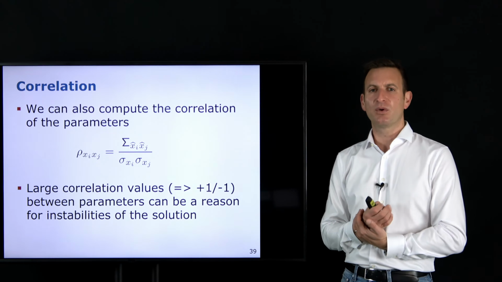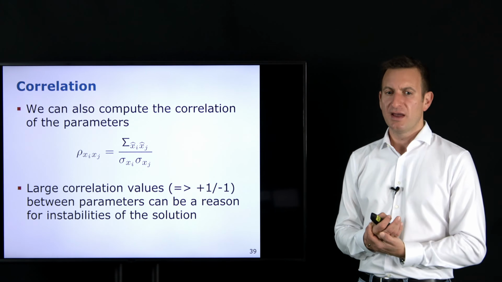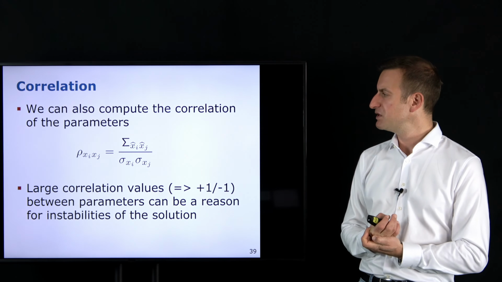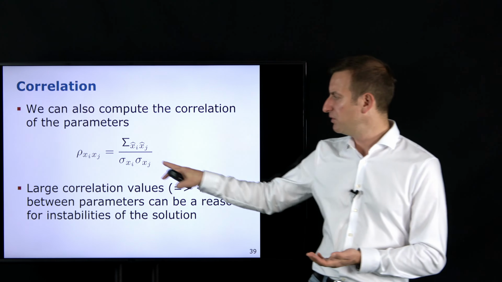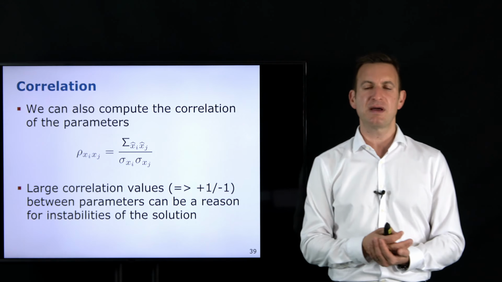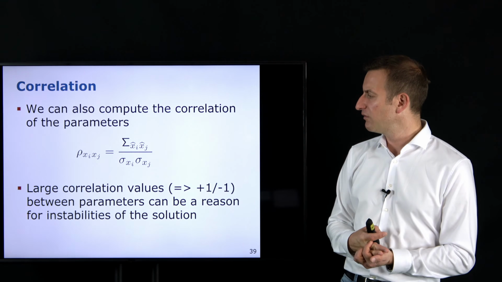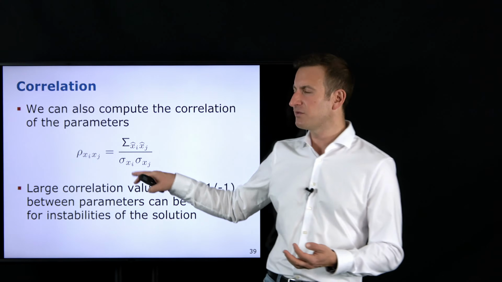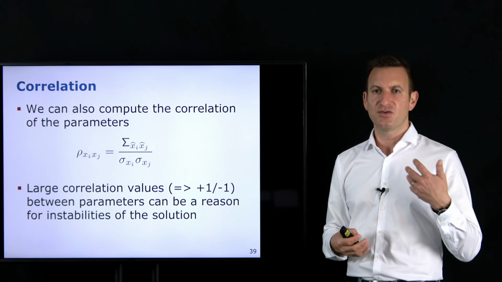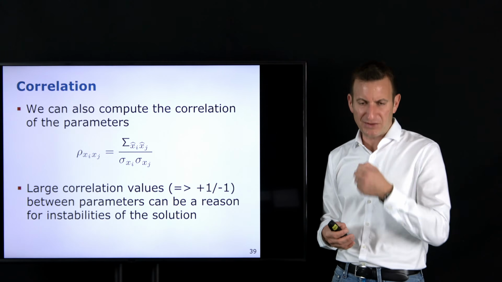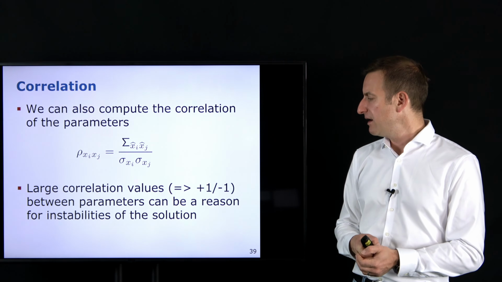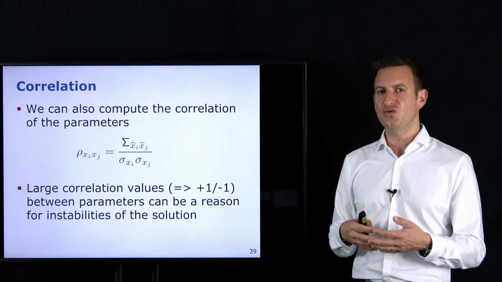A second thing I may want to look into are the correlations, and I can compute the correlations between the parameters. So I compute this between my 5 unknown parameters, and I can use it in order to check those values. So large correlation, that means values approaching plus 1 or minus 1, sorry, can actually lead to unstable solutions.